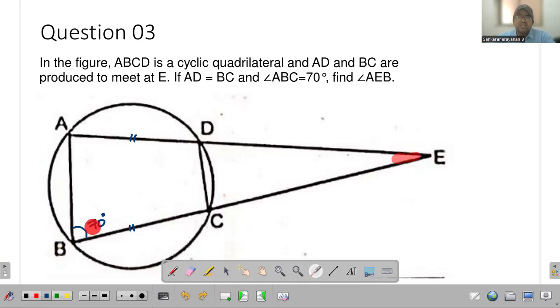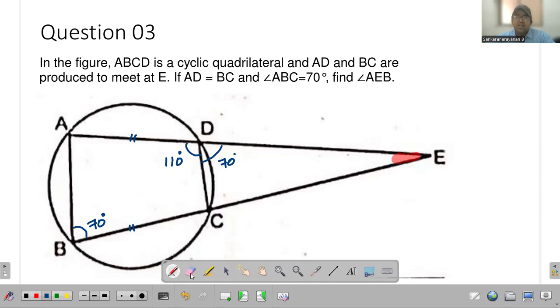So if angle B is 70 degrees, angle D has to be 110 degrees, because opposite angles add up to 180. 70 plus 110 gives us 180, right? So this has to be 110. Now, since ADE is a straight line, this value has to be 70 degrees. You can find the answer that way also.